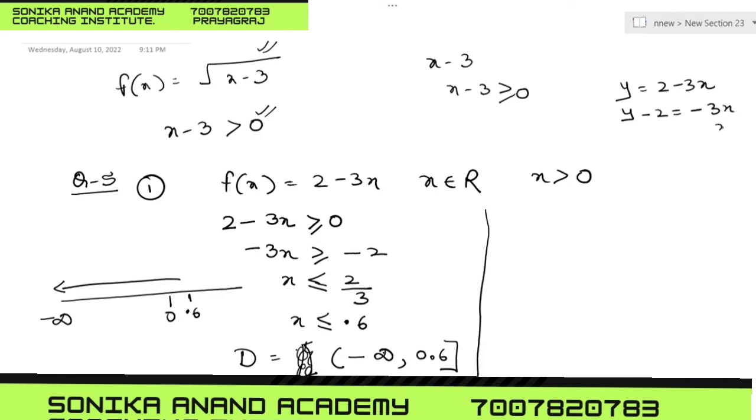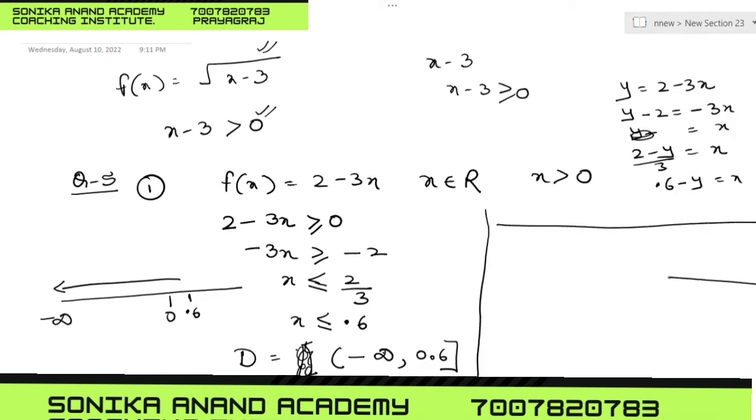So the value of x becomes 2 minus y over 3. That is the value of x. Wait a minute.